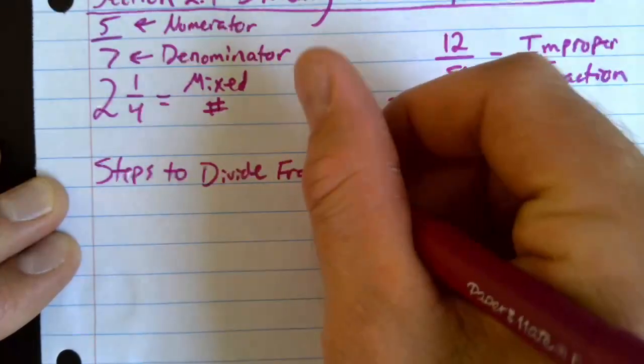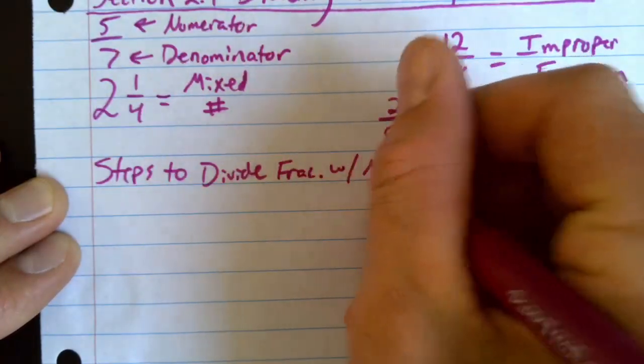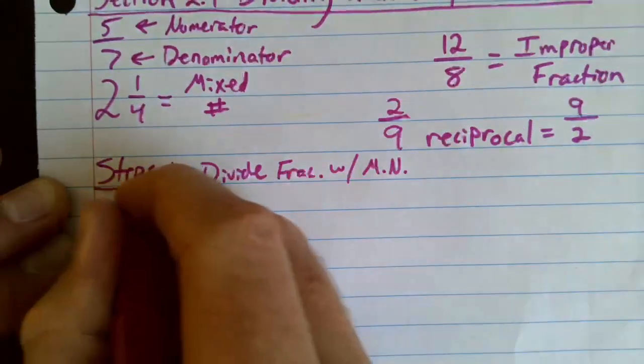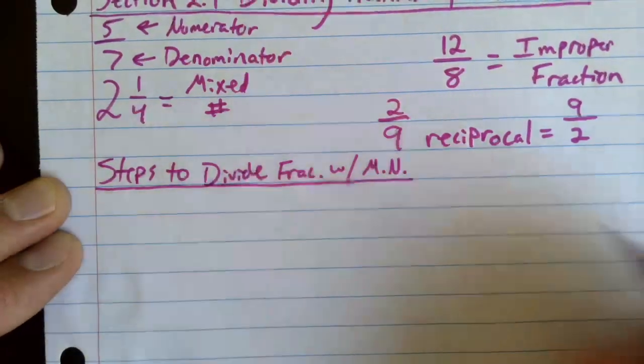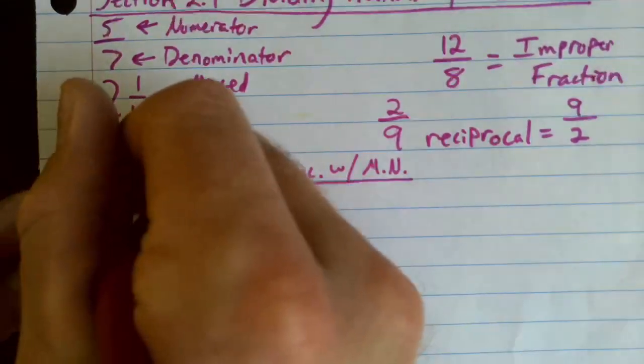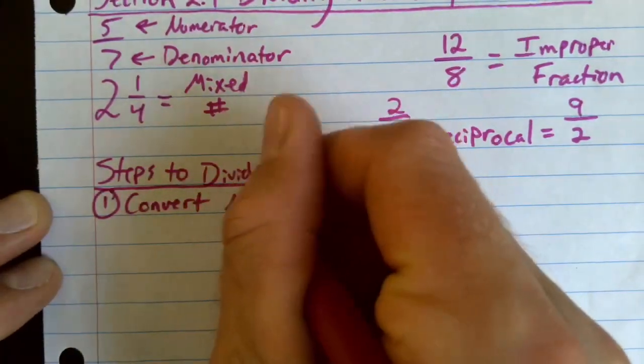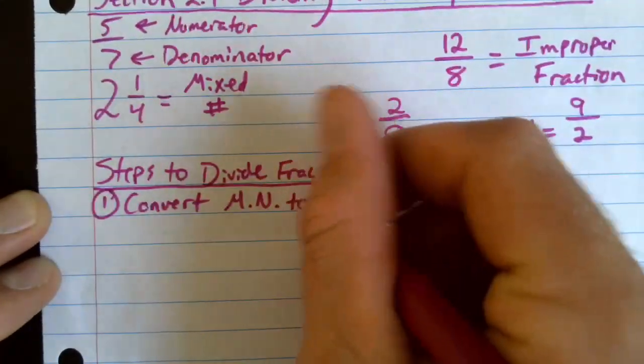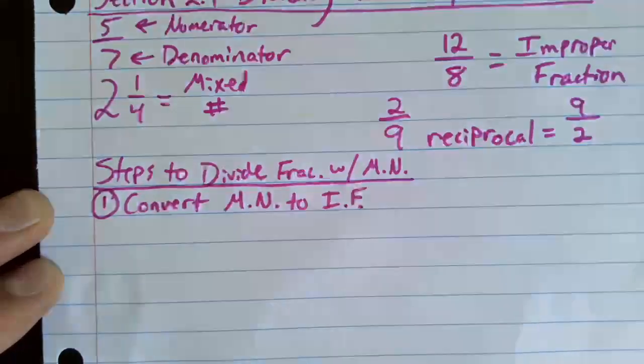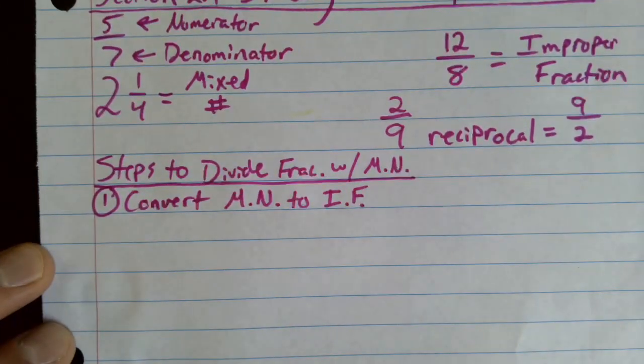And you can abbreviate MN today for mixed numbers. So step 1 is convert mixed number to improper fractions. Just make the conversion.